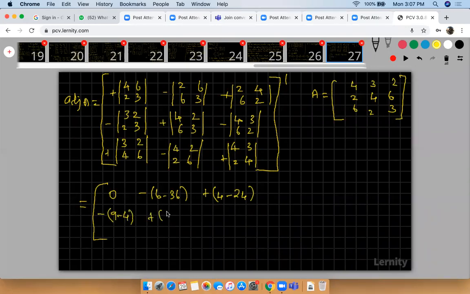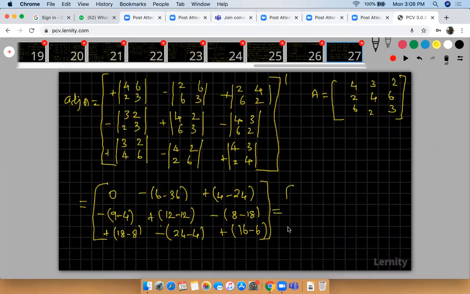This is plus half 12 minus 12. And this is minus half 8 minus 18. And this is plus half 3 6s are 18 minus 8. And this is minus half 24 minus 4. And this is plus half 16 minus 6.